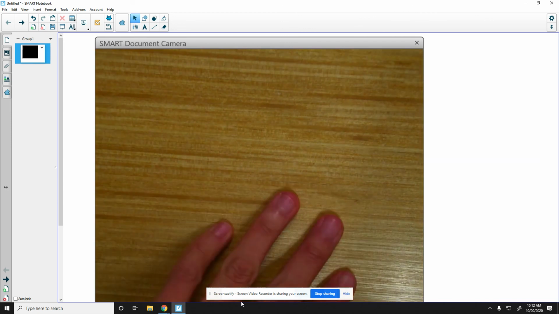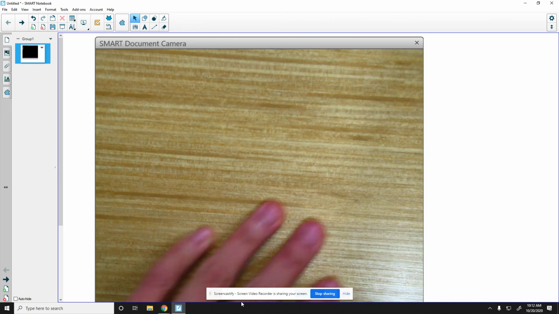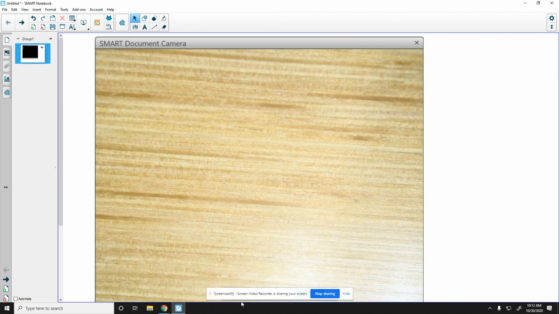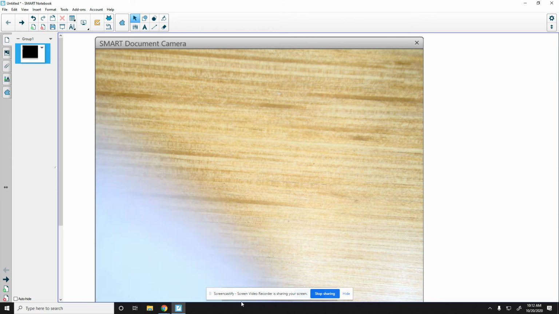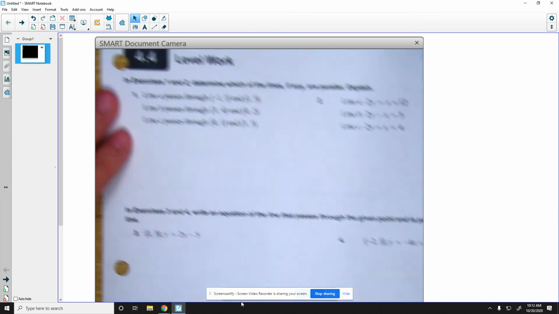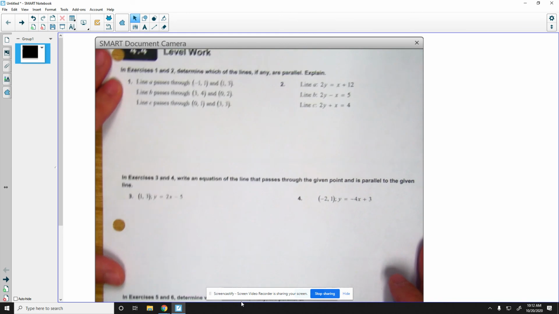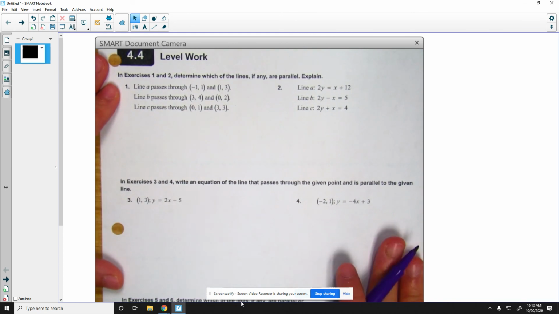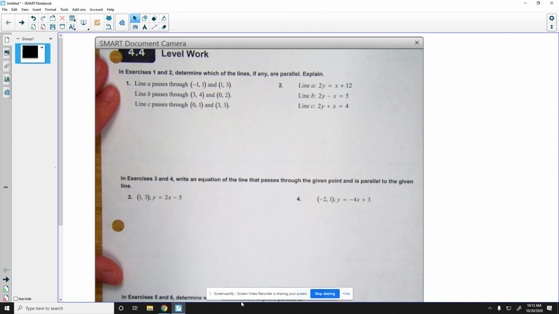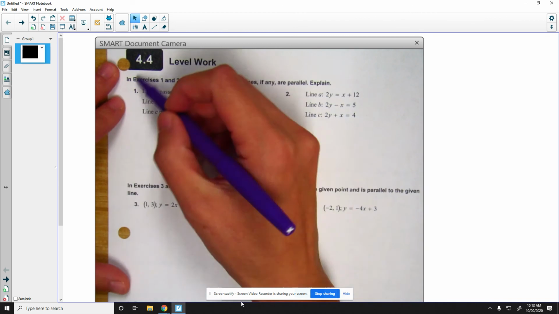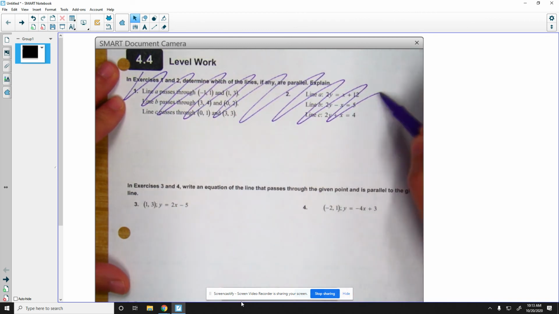Okay, put that off to the side, take out your level work. I'm going to have you cross out some because we have something else to do right now. And I want to give you lots of time. So guys, this is due Thursday, okay? It's not due tomorrow, Wednesday. It's due Thursday before class because I want to make sure that you know what you're doing. So let's cross out 1 and 2.